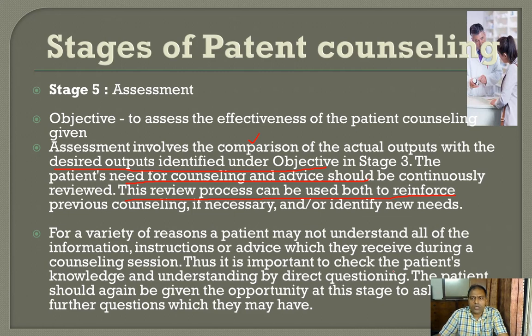So it is important, now that the patient has come back to you, it is the time for you to repeat your counseling advice to the patient by talking to the patient. So if required, you have to give such information again. So this is the fifth and last stage of patient counseling.